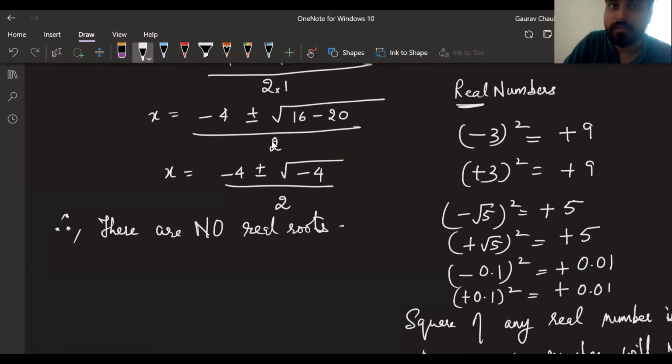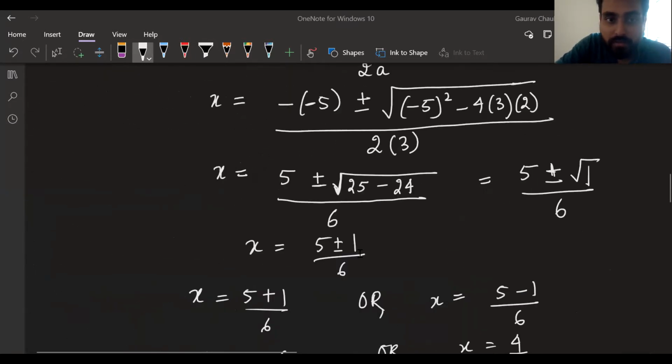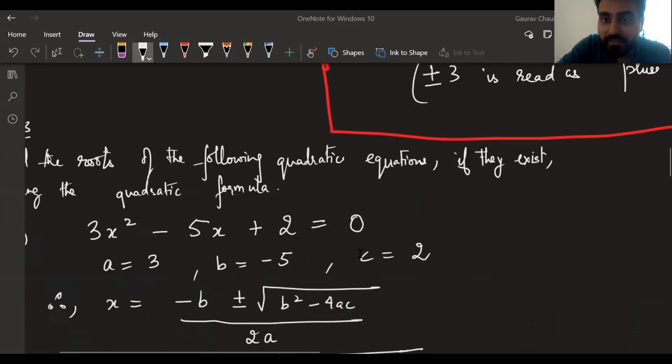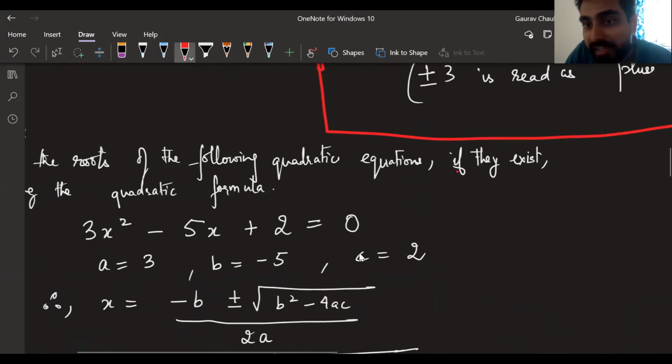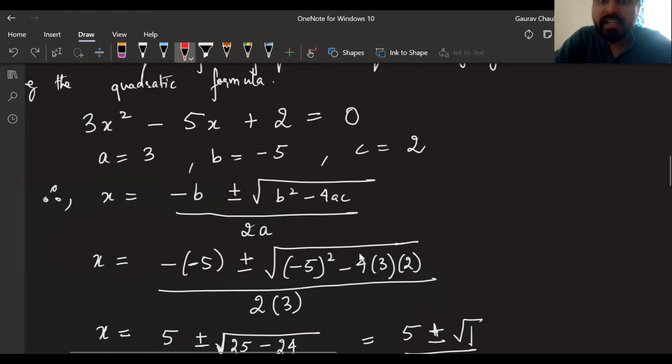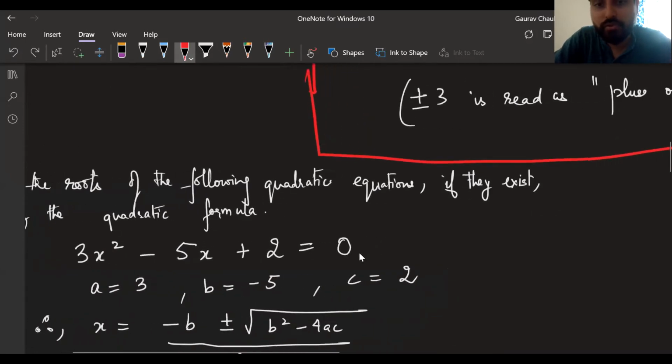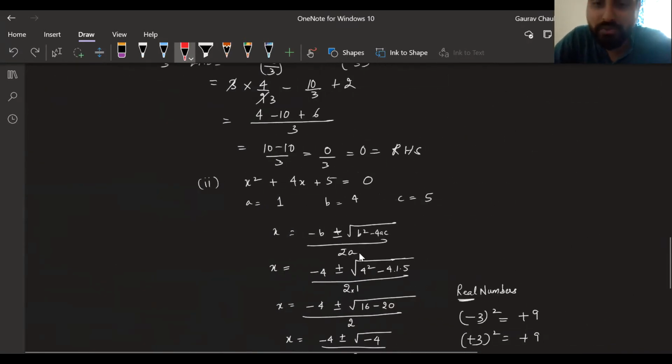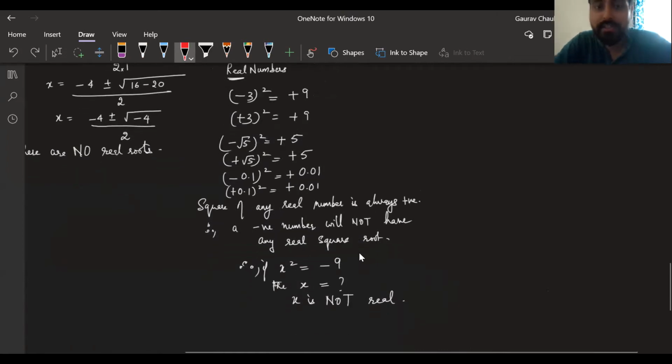That's my answer. Coming back to our question, what did they say? If the root exists, then you find it. Here, real roots don't exist. So I cannot find it. So there are no real roots.